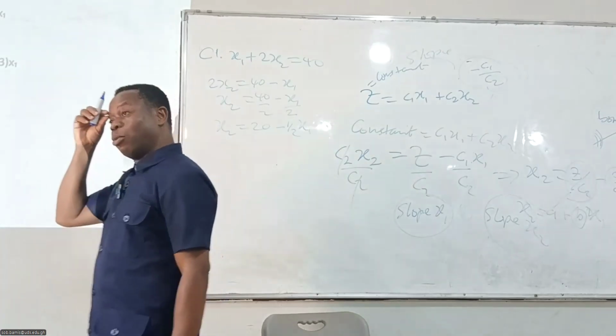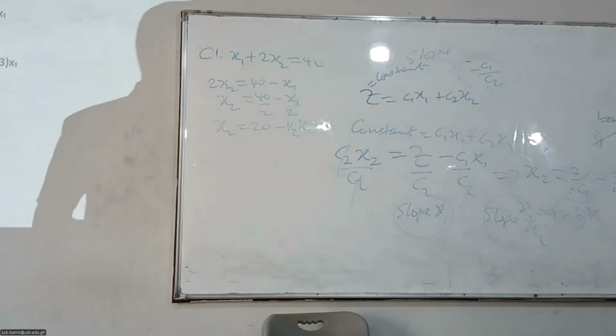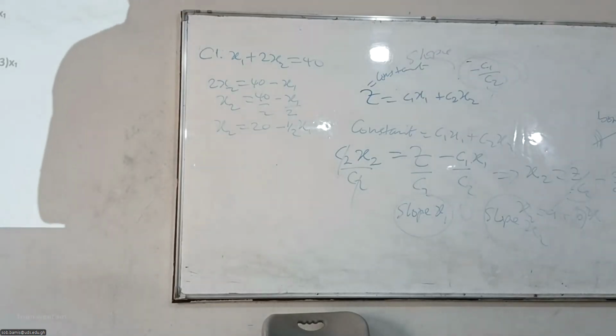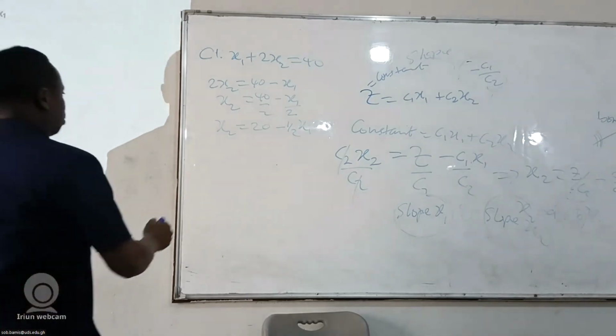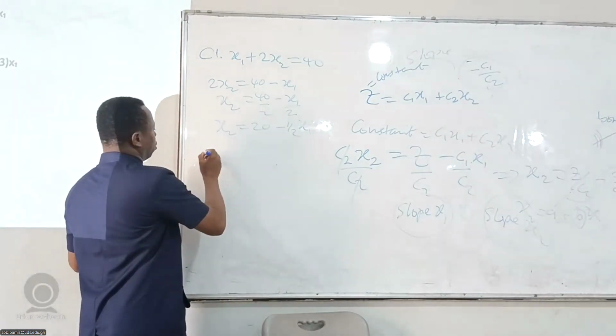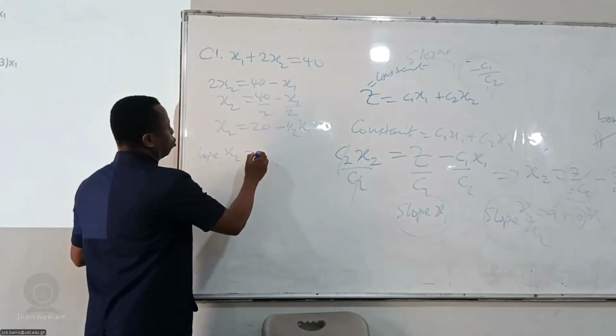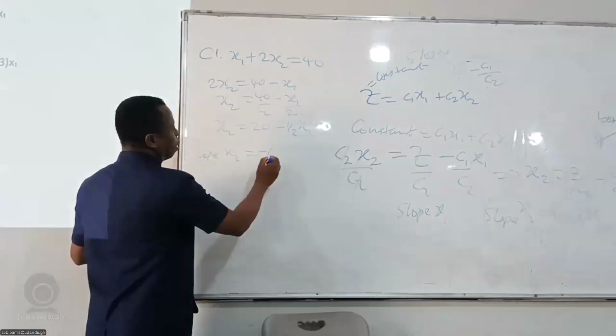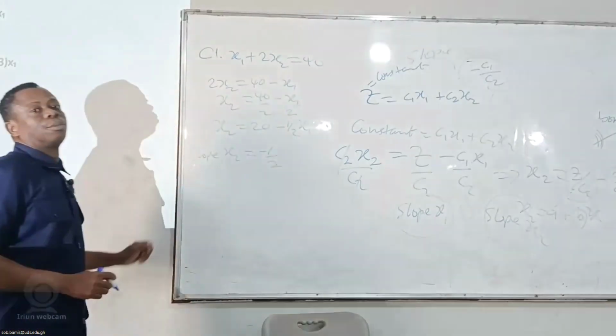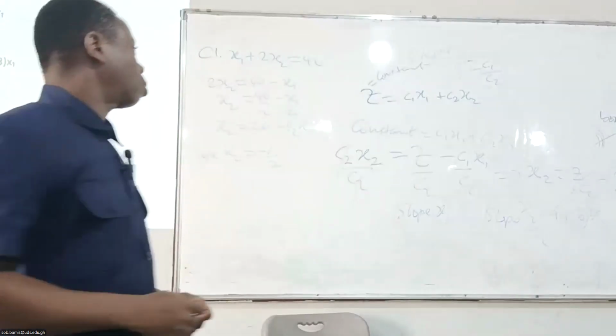So what is the slope for the labor constraint? Minus half, not 2. So the slope for X2 is negative half.